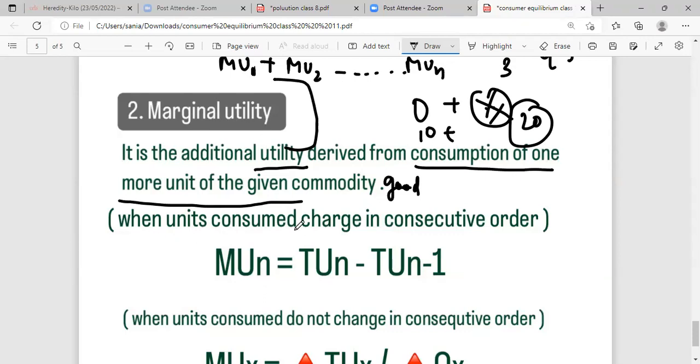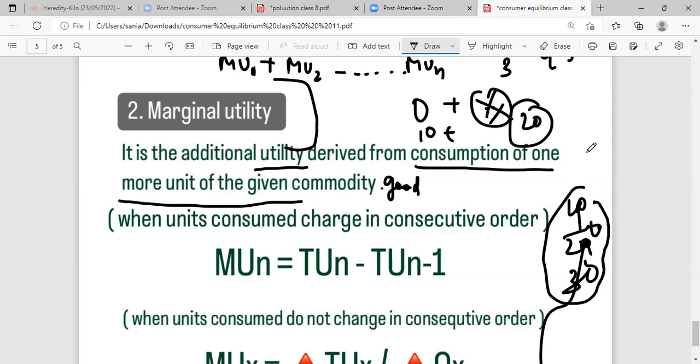Sometimes you are getting 10, 20, 30, and the difference is 10, 10. When you are consecutively eating it, you will use this formula. To find out MU, you will use TUN minus TUN minus 1. N is the number. For example, you have 3 products.